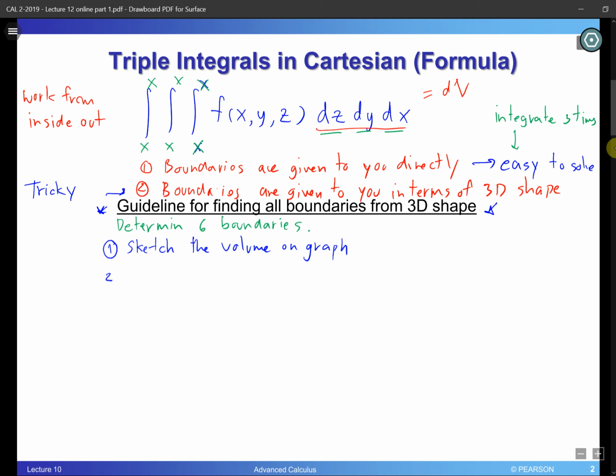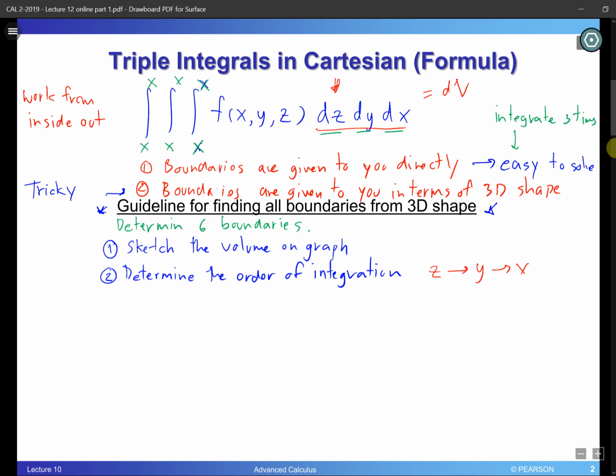Second thing, number 2, determine the order of integration. You have to know which variable you are going to integrate first, and then which one is next, and then which one is the last. So if you look at this example up here, you can see that you are going to start from z, then y, and then x. This is the order that you need to know.